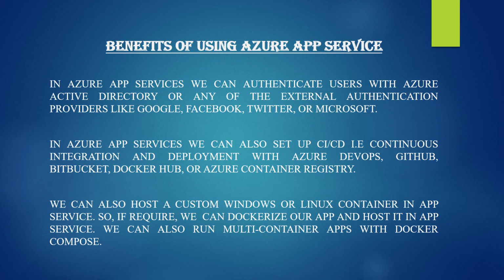We can also host a custom Windows or Linux container in our app services. So if required, we can Dockerize our app and host it in App Service. We can also run multi-container apps with Docker Compose.